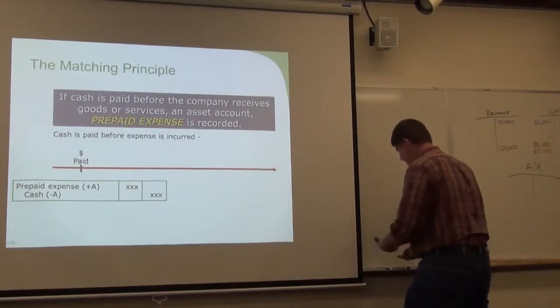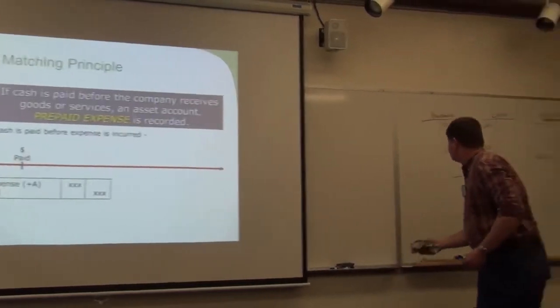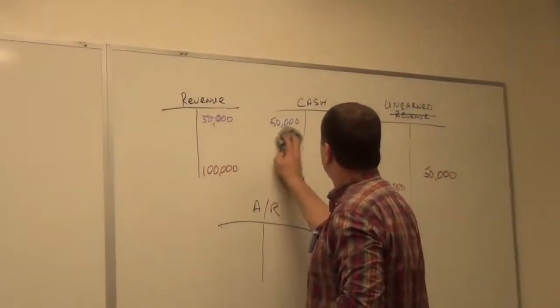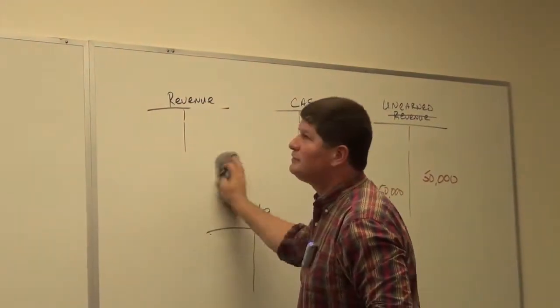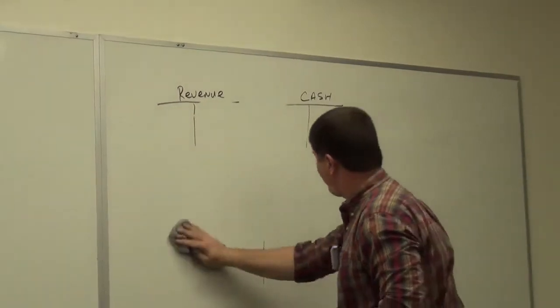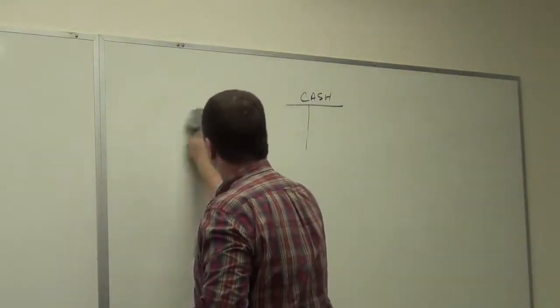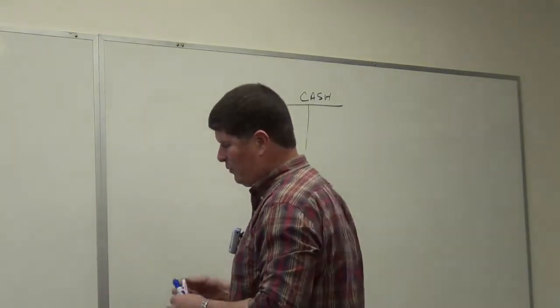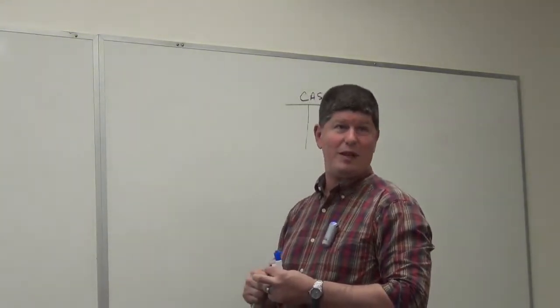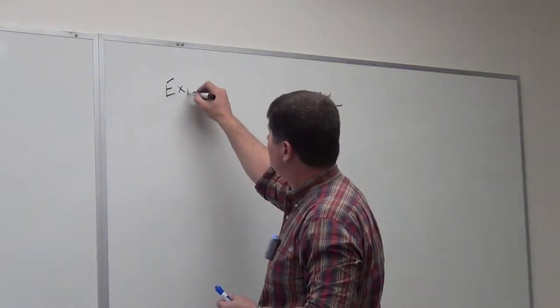So, again, since I like doing it my way, now we're dealing with expenses. So I don't have revenue anymore. But what do I have? I now have expenses, correct? And I'm just going to record it in one category called expense.